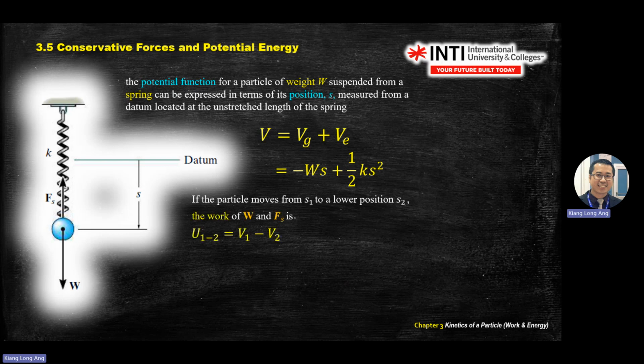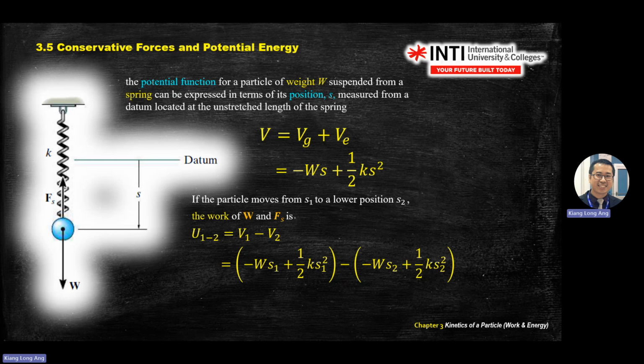If the particle moves from S1 to a lower position S2, the work done is V1 minus V2, meaning position 1 to position 2. So you elaborate from here. This work done equals the change in potential energy.